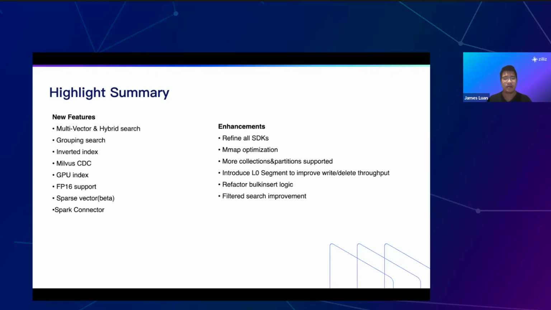I think the major change is that we support multi-vectors and also hybrid search inside Milvus, because before Milvus 2.4, each entity could only support one vector, and it was going to be a dense embedding.